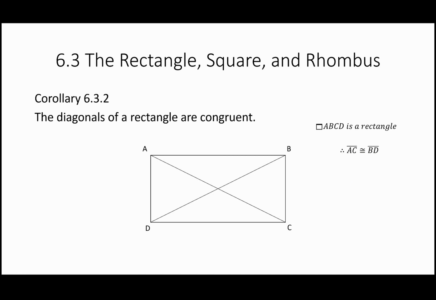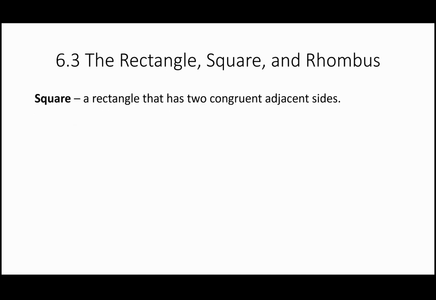Okay? Very good. Continuing, let's define what a square is. Again, I'm sure everybody's got preconceived notions of how they define a square based on previous courses they've taken elsewhere, but for our purposes, a square is a rectangle that has two congruent adjacent sides, like so.